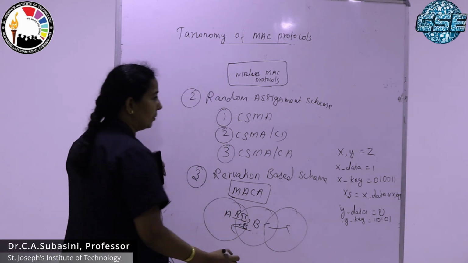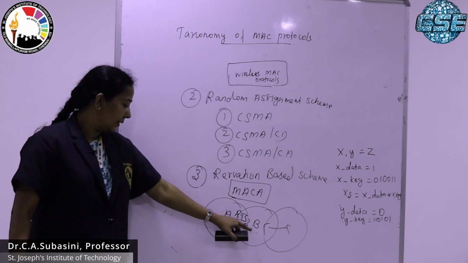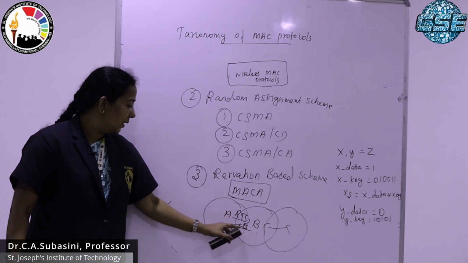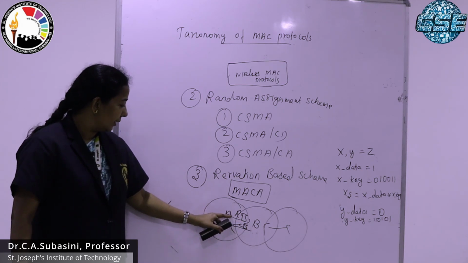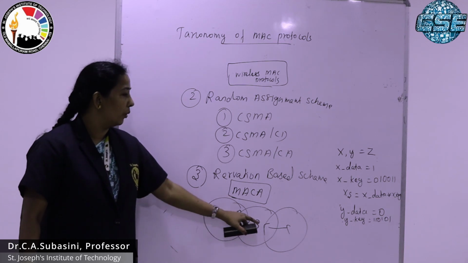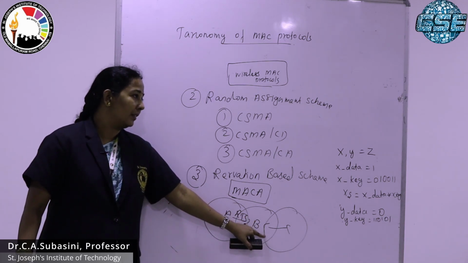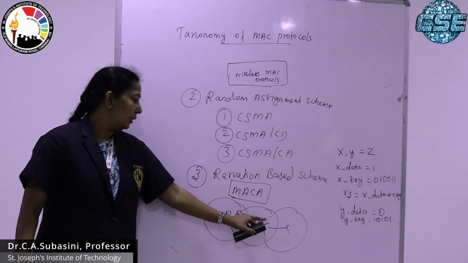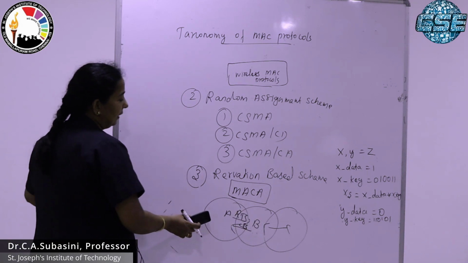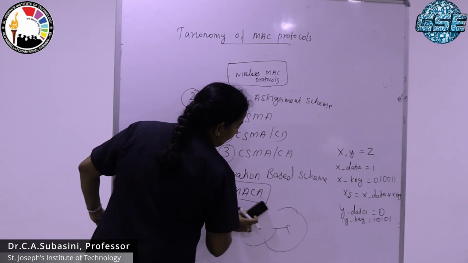Okay, clear to send message. So whenever B sends to A, A will receive that, and then only it will send to B. In that situation, collision will be avoided. So this is the first technique for the hidden terminal problem.